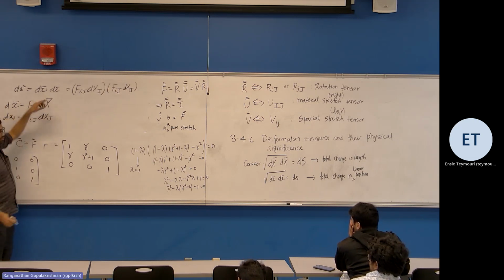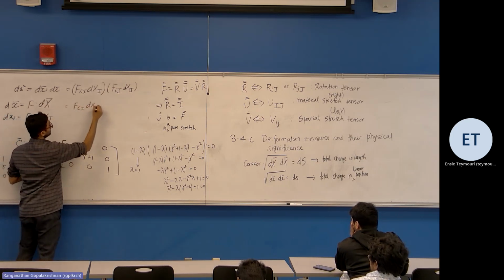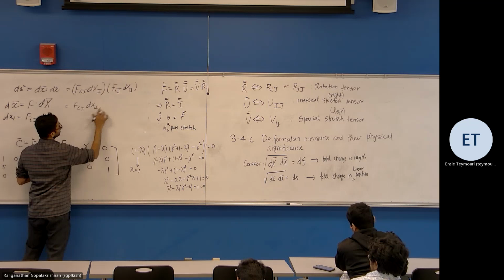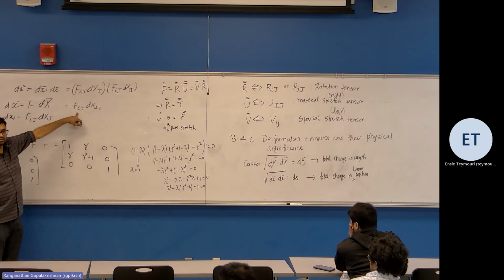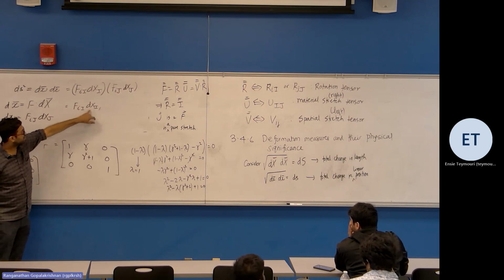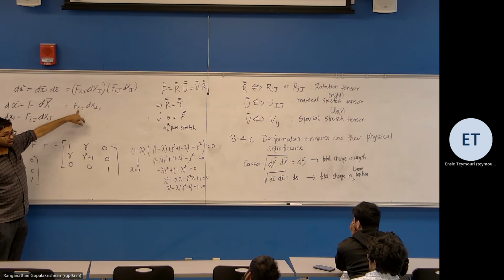So I can start with writing this as FiI dXI. Is this a vector or a tensor or a scalar? What kind of a quantity is this? You're already summing over I. The only non-repeating index is spatial i, which would make this a vector.